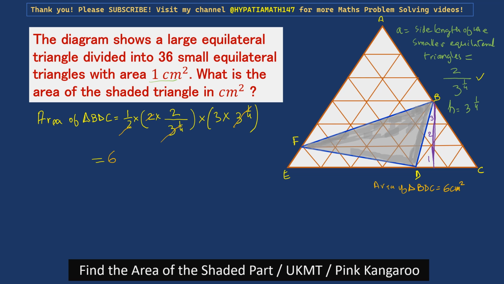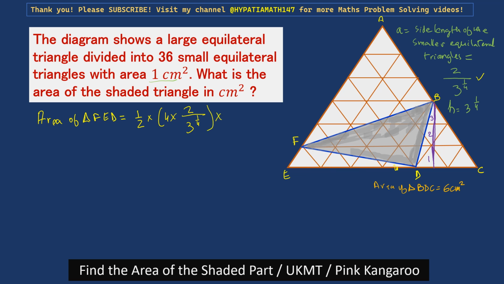So then I'm going to work out the area of triangle FED, that's this one. So the area of triangle FED is equal to, once again, half times base. So the base is how much? 1, 2, 3, 4, goes up to the point D. So that's 4 times 2 out of 3 to the power 1 out of 4 multiplied by the height.